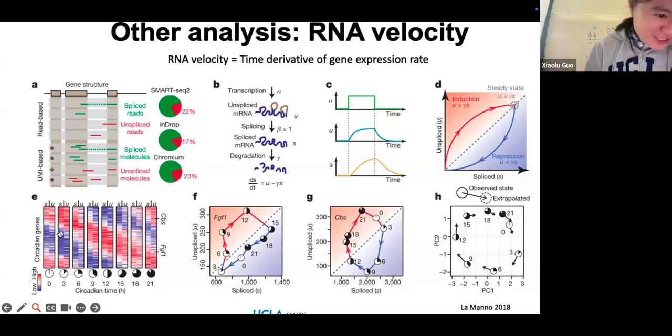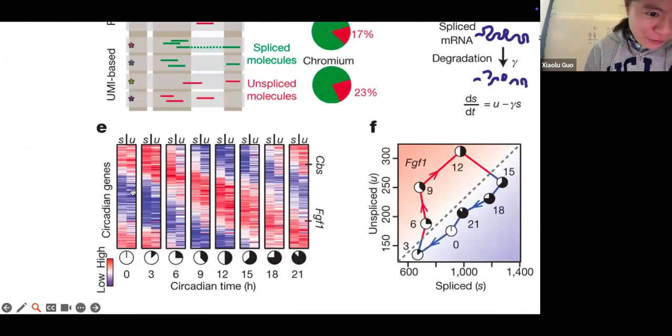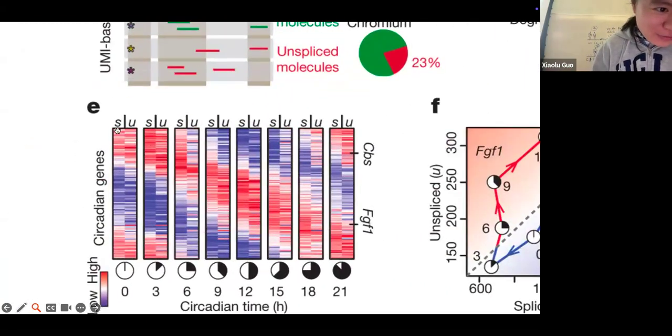Here you can see a very beautiful pattern. Here is the spliced RNA-seq, where each row is a gene, and this is unspliced. And then you can see this is time 0, time 3 hours, 6 hours, etc. You can see the unspliced gene expression pattern precisely, accurately predicted the spliced pattern at 3 hours.